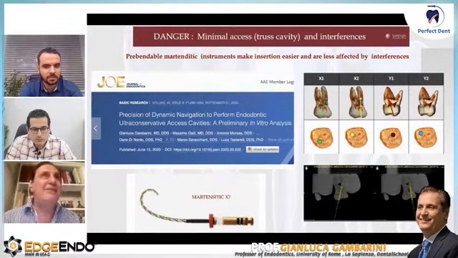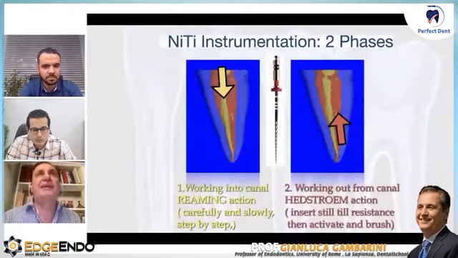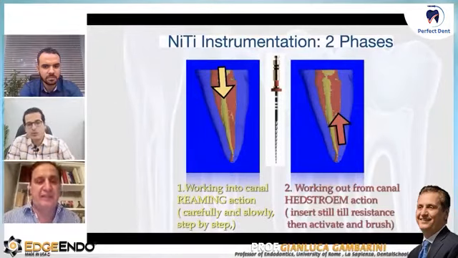But I would not recommend using a traditional NiTi instrument and making a very small cavity if the canal is not straight or only slightly curved. But what is very important to understand is that you have to use the instrumentation in a different way. You have to change the way of thinking and using the instrument.